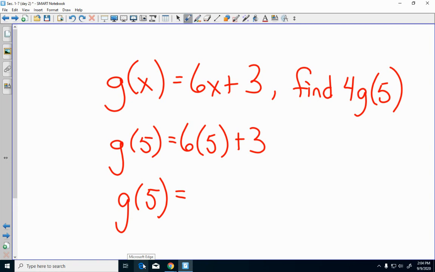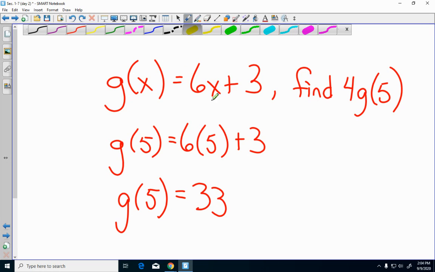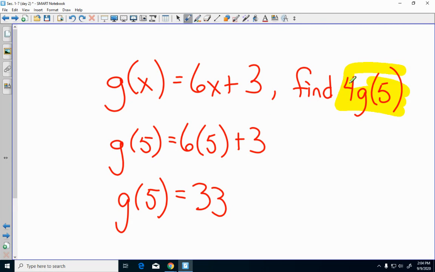All right, plug in the 5 wherever I see an x. Six times 5 plus 3 more is a grand total of 33. So g of 5 is 33, but I'm looking for 4 times g of 5. So I need 4 times 3.